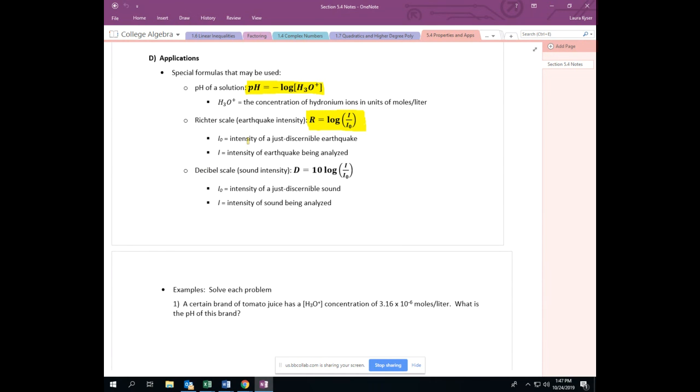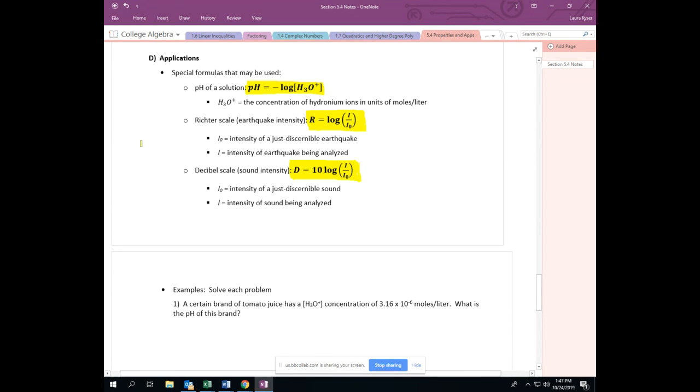Then we have the decibels. That's for measuring sound. The decibel formula looks very similar to the earthquake formula. This one has a leading 10, so it's 10 times the log of I over I sub 0.